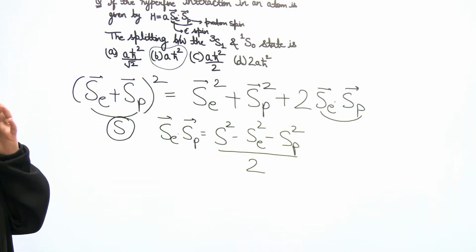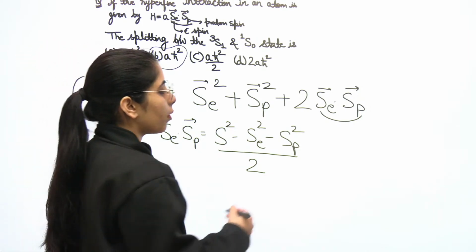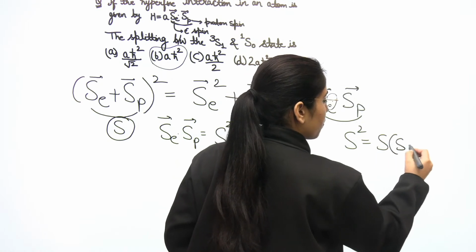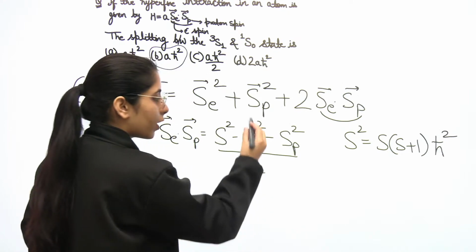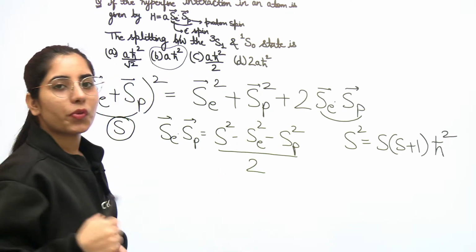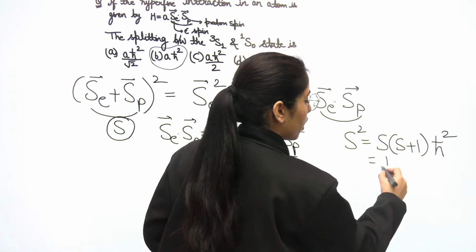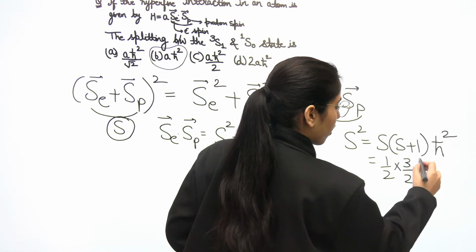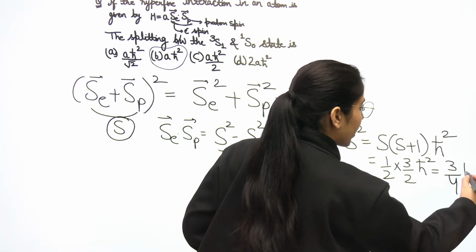We know S square is equal to S into S plus 1 h cut square. So it is going to be half into half plus 1, which is 3 by 2, so 3 by 4 h cut square.